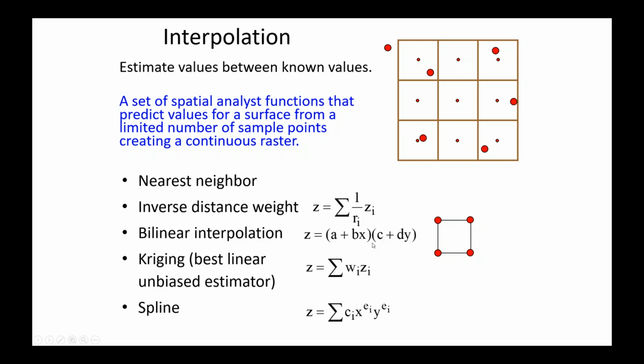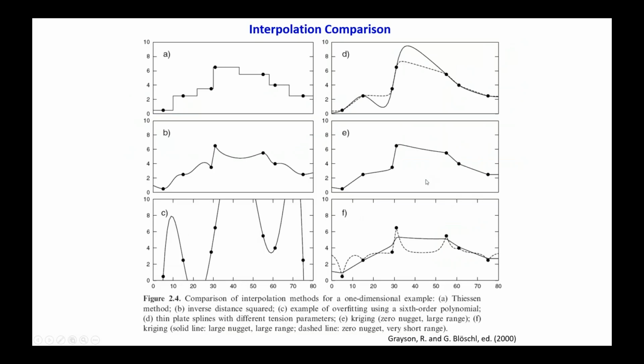There's also Kriging, the best linear unbiased estimator that comes to us from geostatistics, or you can represent the surface as a spline that effectively uses polynomials to fit the surface and then samples the values.